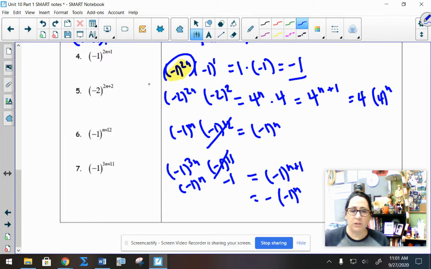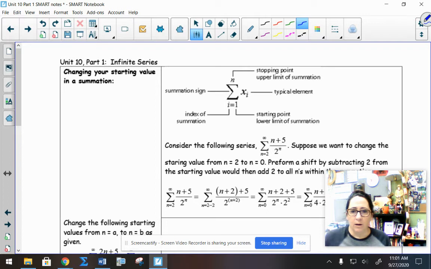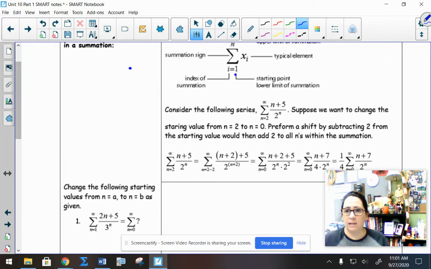Okay, so here we're going to talk about changing the starting value of our summation and how that affects the rest of it. Let's say that I started with this one right here, but instead of starting at 2, a lot of times we have to start at 0. So if we have to start at 0, then I need to manipulate.